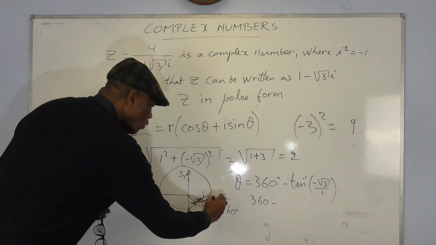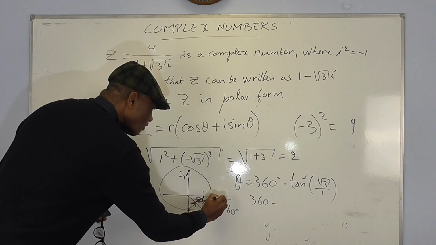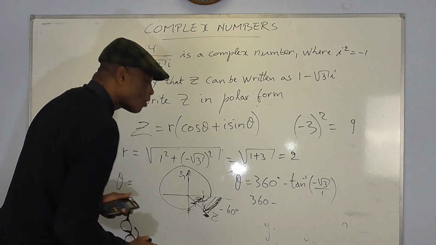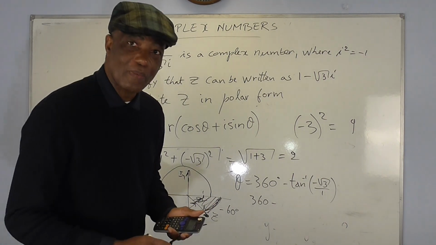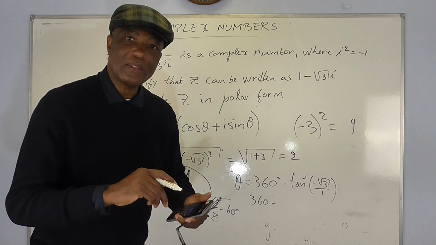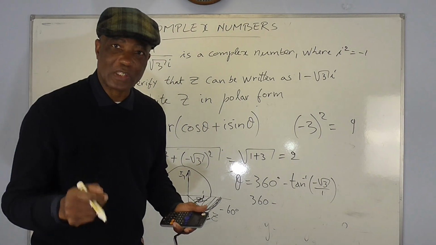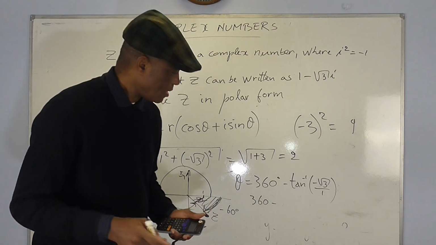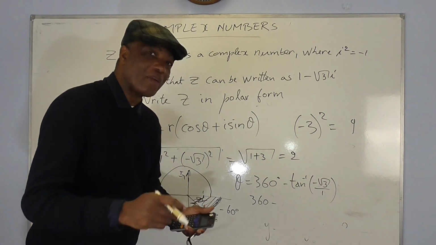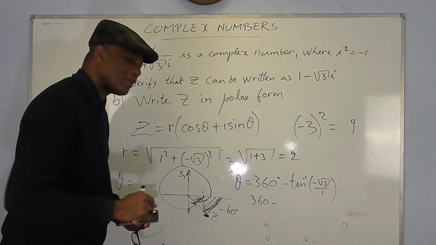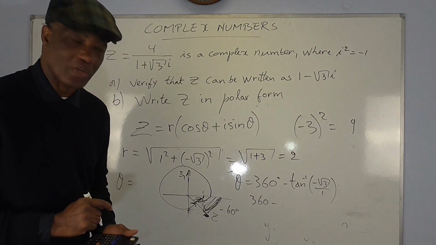Because when you go this side, when you go like that, it is clockwise. Clockwise is the minus sense in the diagram here.